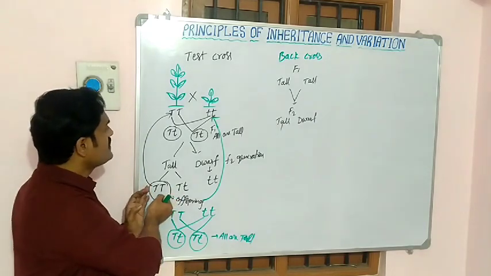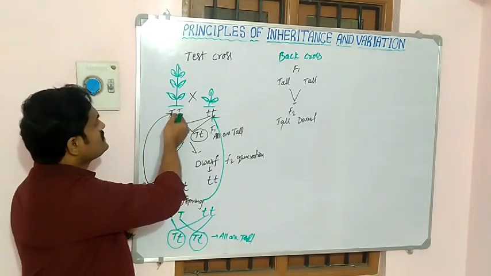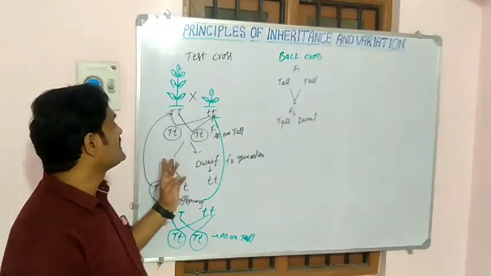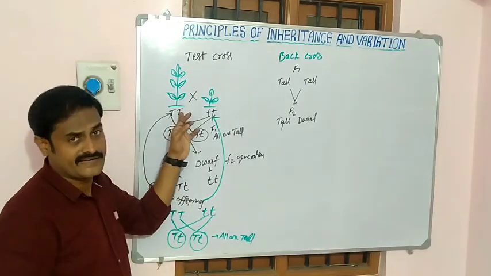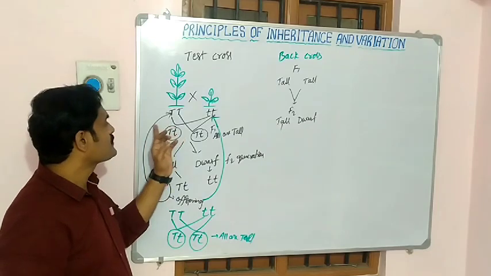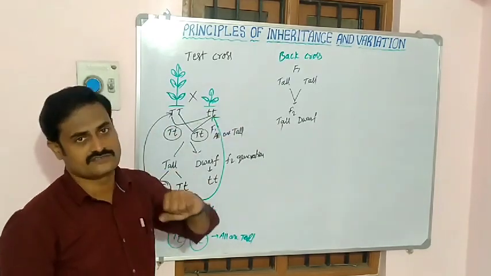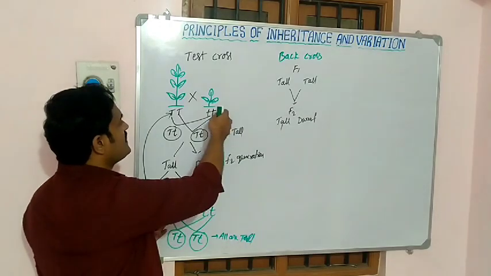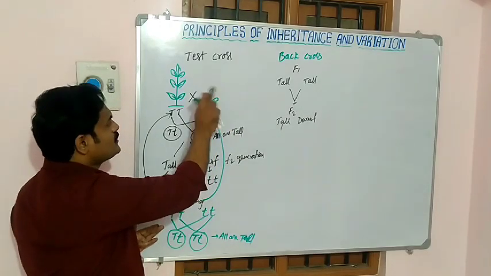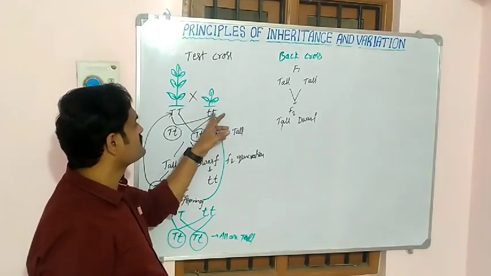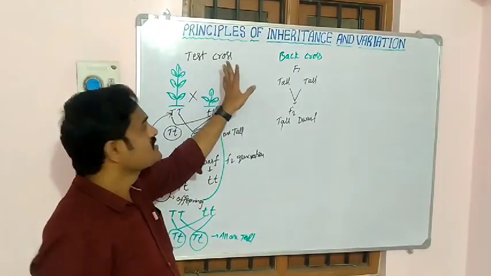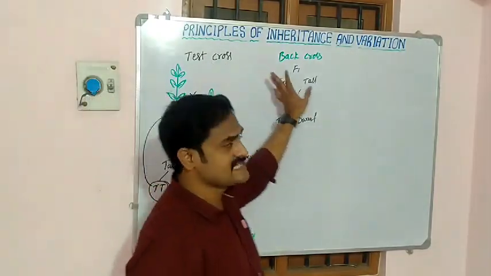These offspring are again fused with the parental plant. Which type of parental plant? Dominant parent. That kind of process is called back cross. Like that, when the offspring are fused with the recessive plant, that means the dwarf plant, that is called test cross. So this is about test cross and back cross.